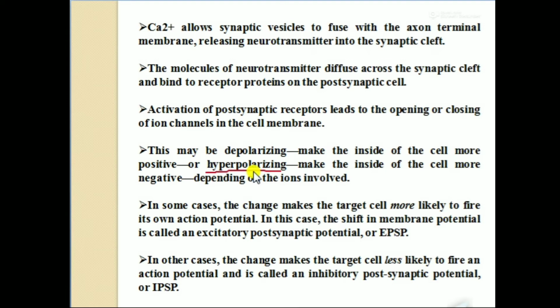In some cases, the change makes the target cell more likely to fire its own action potential. In this case, the shift in the membrane potential is called excitatory postsynaptic potential.